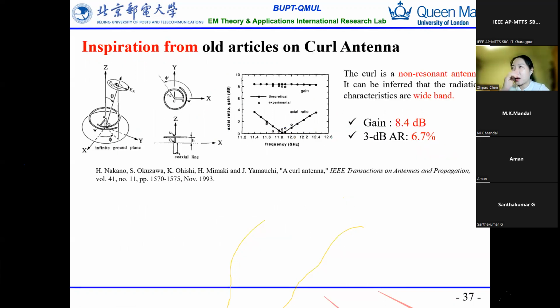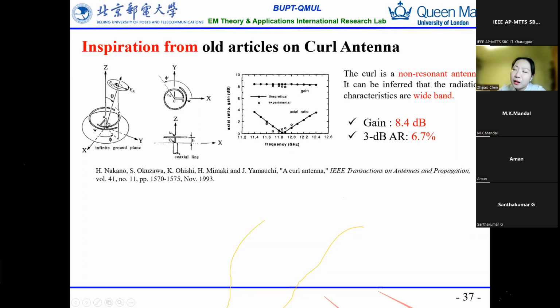Okay, so I was inspired by a very old article on a curved antenna proposed by Professor Nakano. In his first design, he believed that this antenna could have a very wide band because it is a non-resonance antenna, a traveling wave antenna.